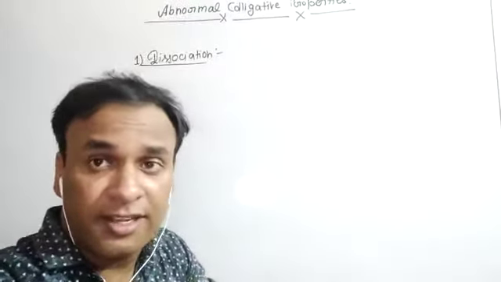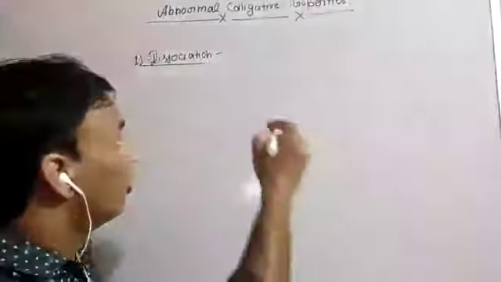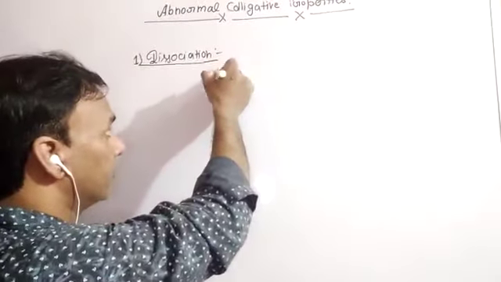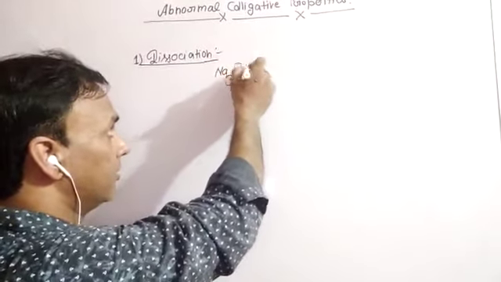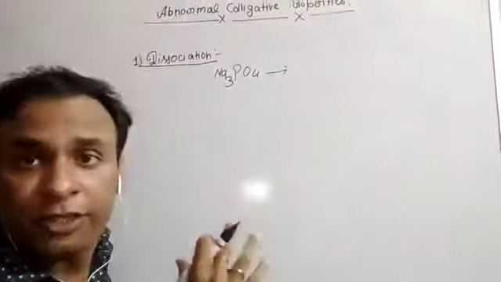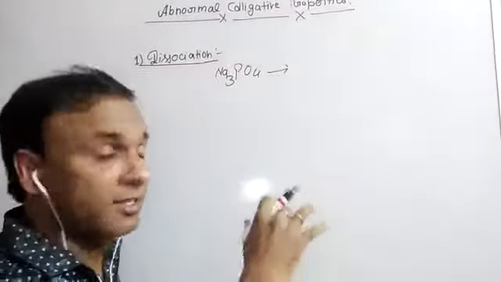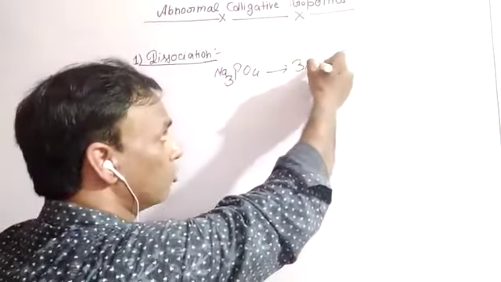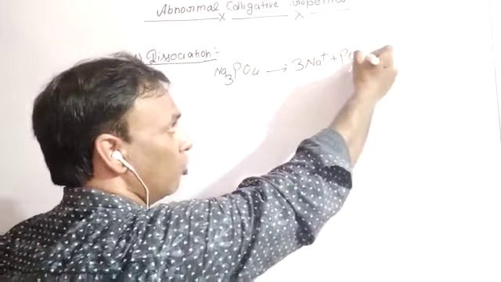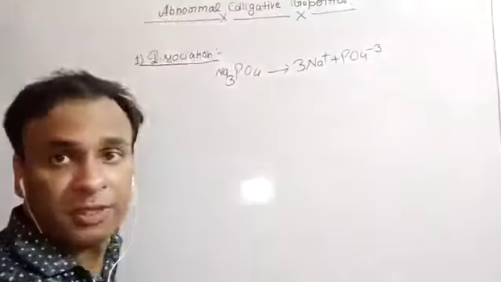If we take another example of dissociation like sodium phosphate, Na3PO4, whenever the sodium phosphate gets ionized, it gives 3 moles of sodium ion and 1 mole of phosphate ion. Clear?